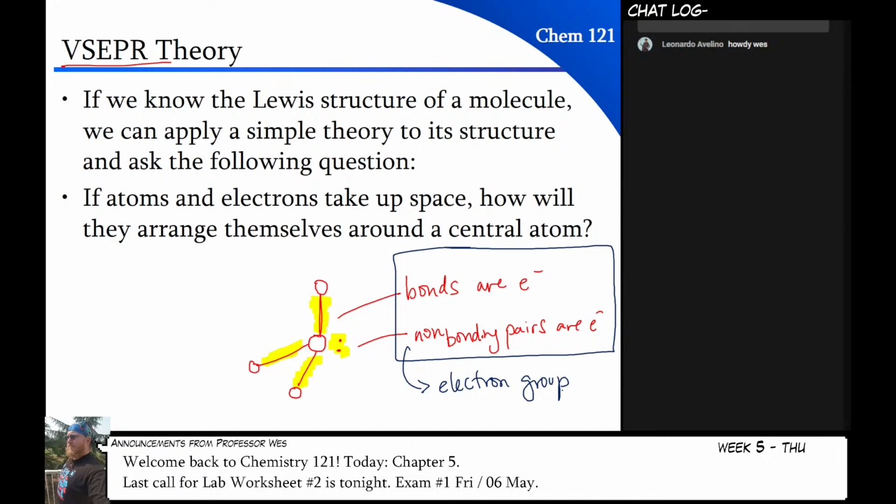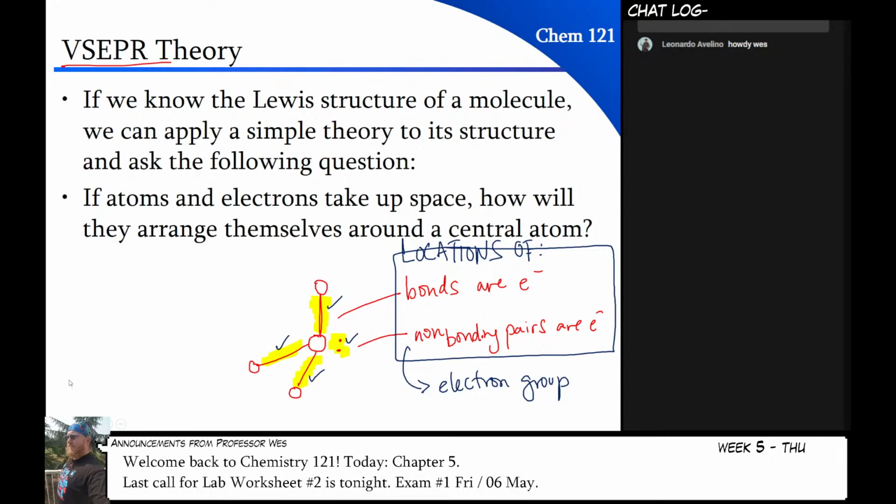More specifically, I am counting locations of these things. So for this molecule, I could say, okay, there's one location of electrons, 2, 3, 4.